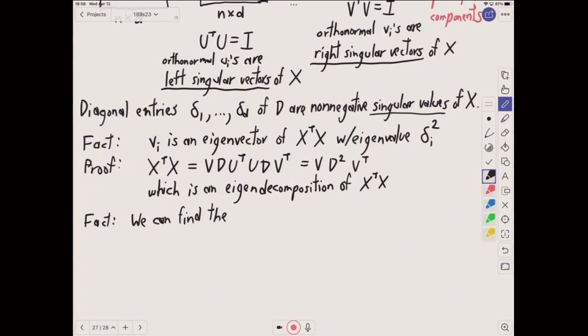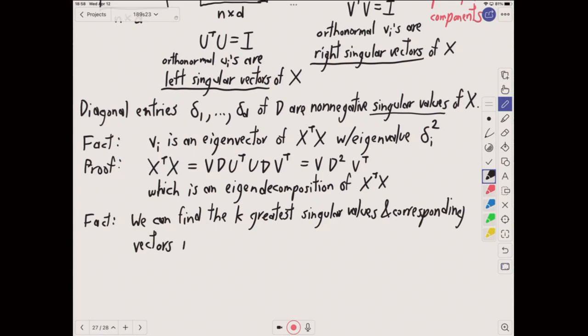So suppose we just want the k greatest singular values and the corresponding right singular vectors. Well, there are solid algorithms that do that in big O of n d k time. And remember, I told you it's n d squared time just to compute X transpose X. If k is a lot less than d, this is a lot faster than even computing X transpose X. So that's pretty great.